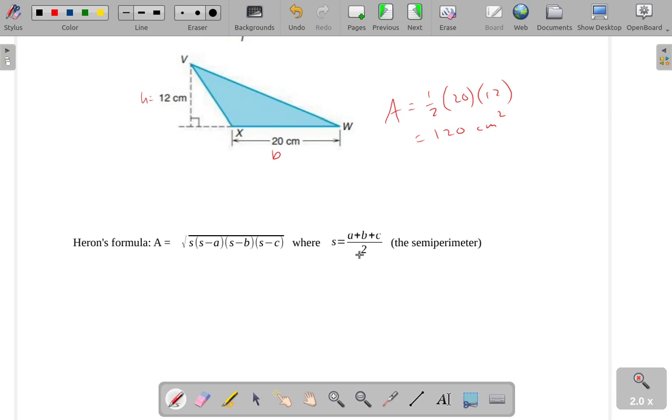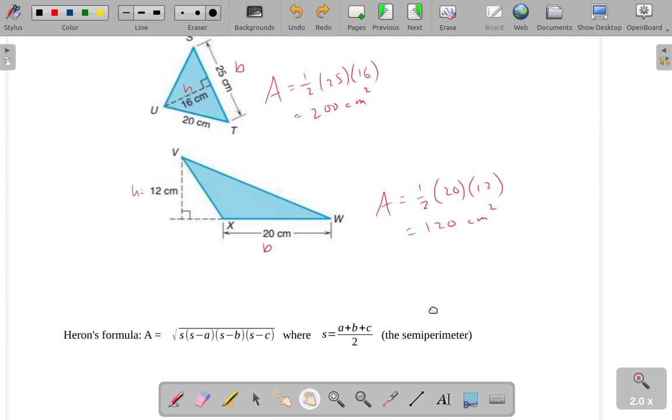Now, in order to do Heron's formula, we use something called a semi-perimeter, which is what we get if we add together all the side lengths and divide by 2. We'll call that S, and then plug into this formula: S times S minus A times S minus B times S minus C, multiply all that together, take the square root of it, and that gives us the area.